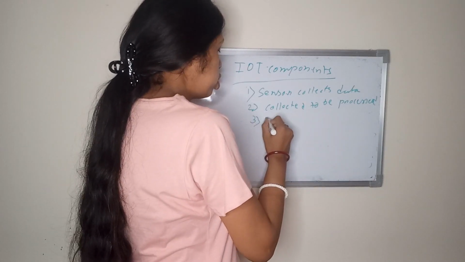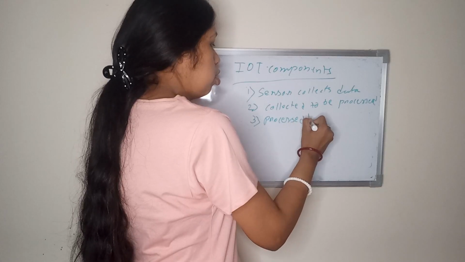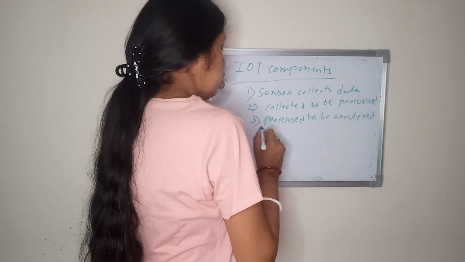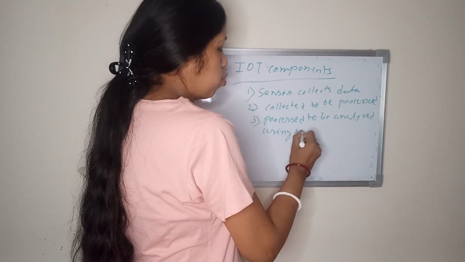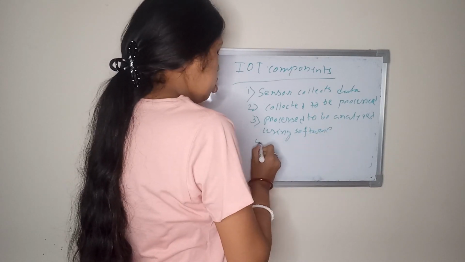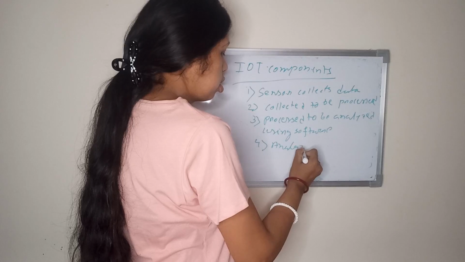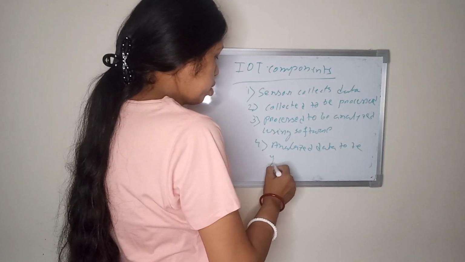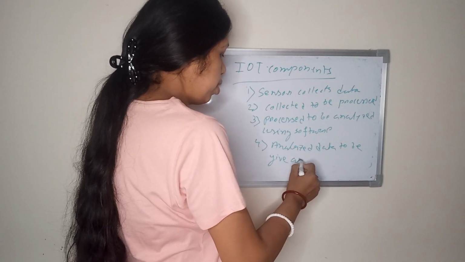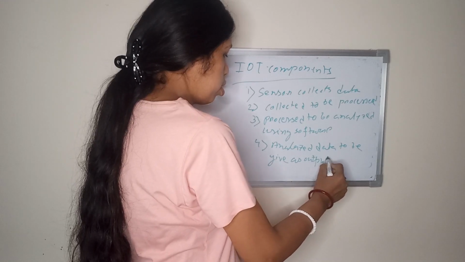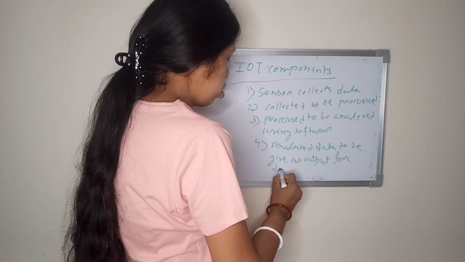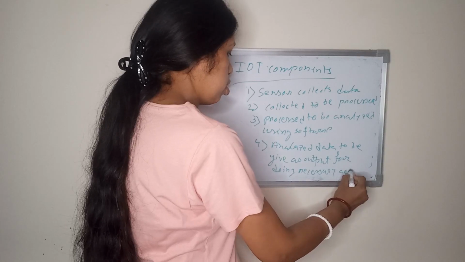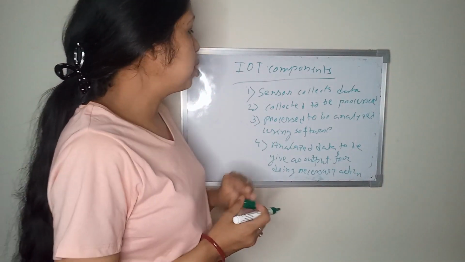Then the processed data is to be analyzed using software, then the analyzed data is to be given as output for doing the necessary action. This is the principle of the IoT device.